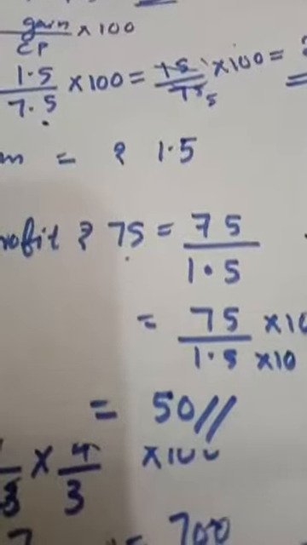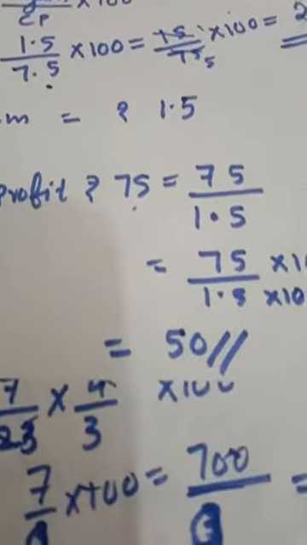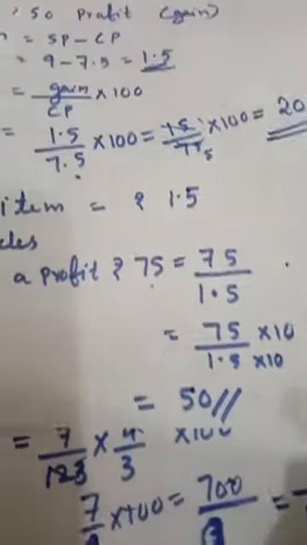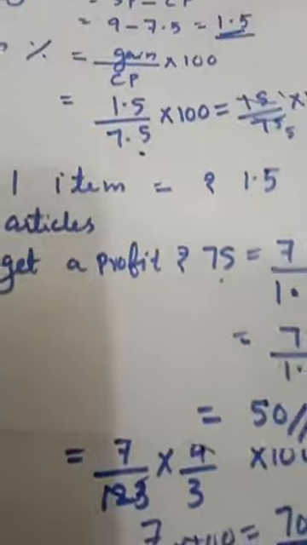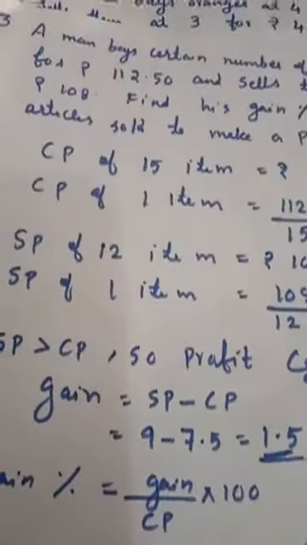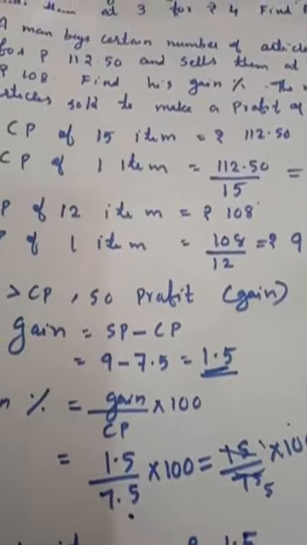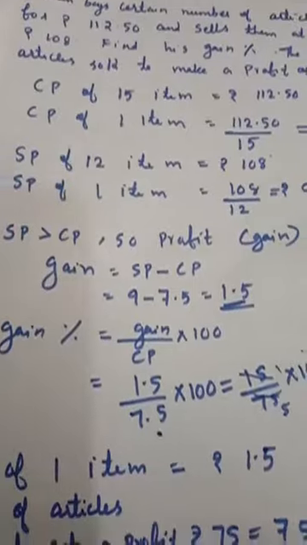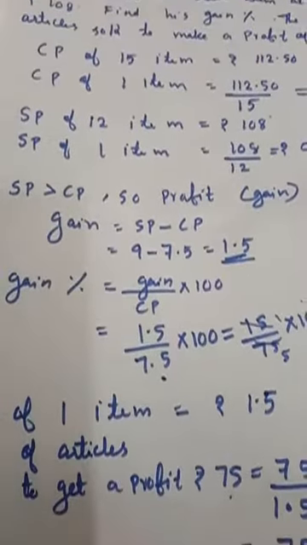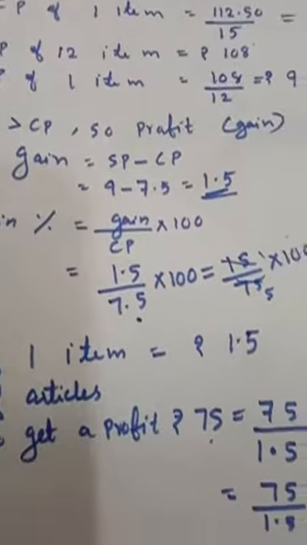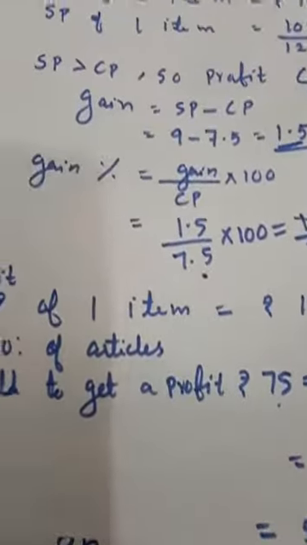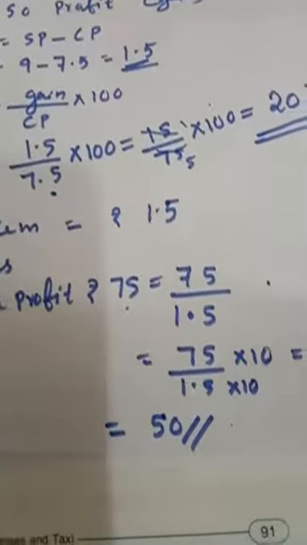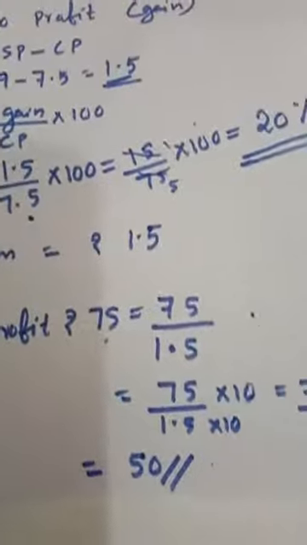So the answer is 50 items. We want to sell 50 items.